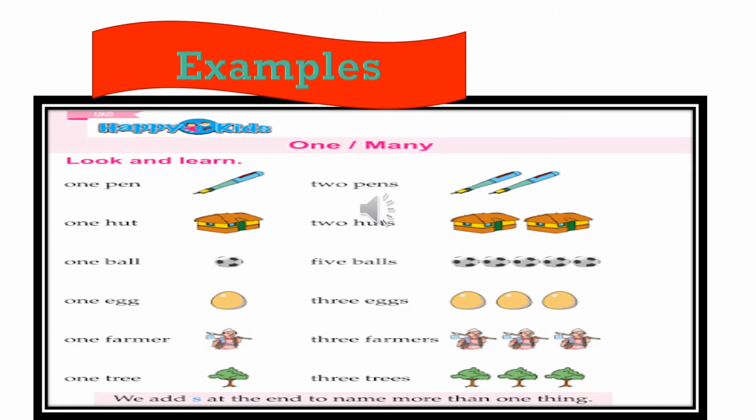One farmer, three farmers. One tree, three trees. In all these, we added s at the end to name more than one thing. Pen, hut, ball, egg, farmer and tree change into pens, huts, balls, eggs, farmers and trees.